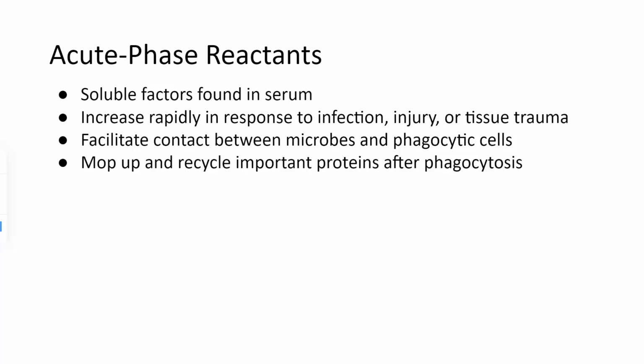High levels of acute phase reactants typically will indicate some type of infection, injury, or tissue trauma. These acute phase reactants are going to facilitate contact between microbes and phagocytic cells. So they're going to help phagocytic cells find and consume microbes faster. They're also going to mop up and recycle important proteins after phagocytosis.